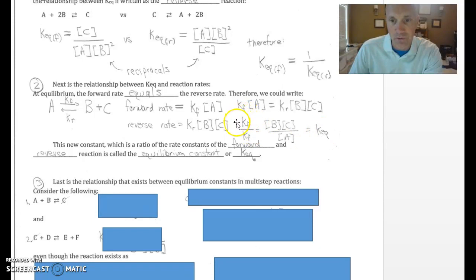This is just a mathematical proof that all an equilibrium constant is, and again this should be capital K EQ, is the ratio between the forward rate constant and the reverse. Sorry, this should be an R right here, so make sure that you correct that on yours. That should be capital K with an R subscript right there.